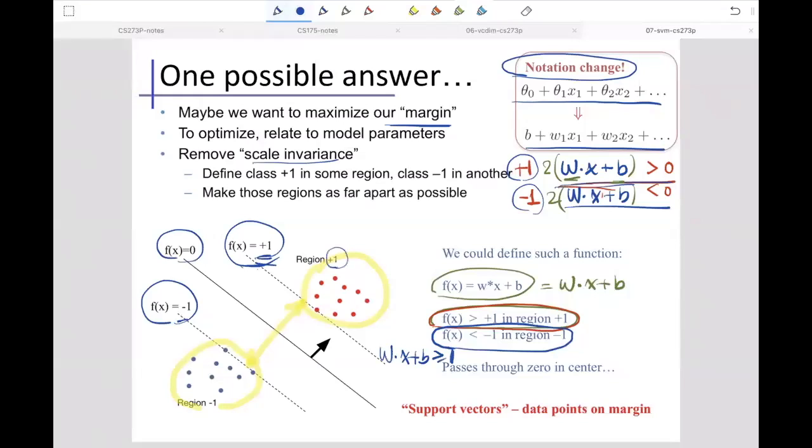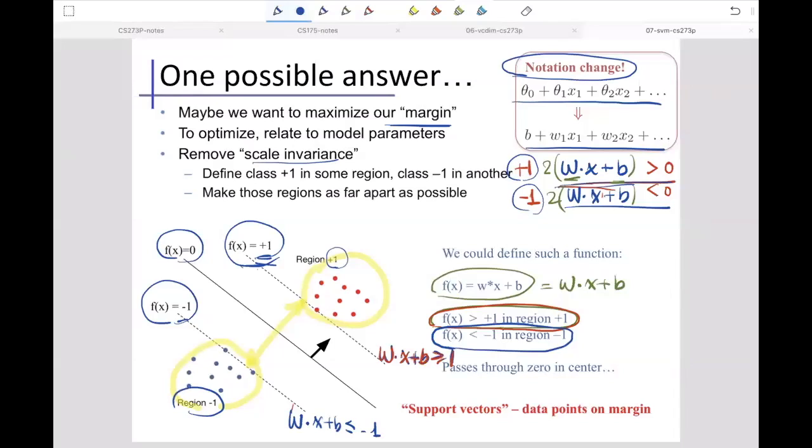That's one side. And on the other side, if your data has the label -1, I want to make sure W dot X plus B is less than or equal to -1. That's the only difference I'm introducing to remove this scaling invariance, okay?